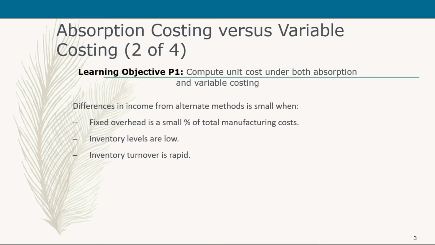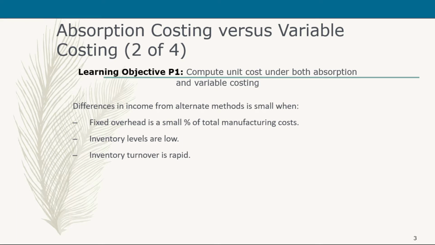Do take note that the differences in income from alternate methods is small when your fixed overhead is a small percentage of your total manufacturing cost. Second, also, is that if your inventory levels are low, meaning these are in amounts that are not very significant.